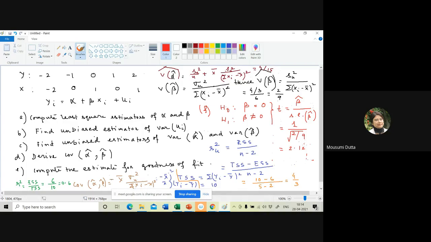Ritam, what is the value? Are you getting 2.12 or something else? 2.12132. Okay, we need up to the second decimal. Once we get this value, we have to compare it with the tabular value. So what tabular value will we consider here?